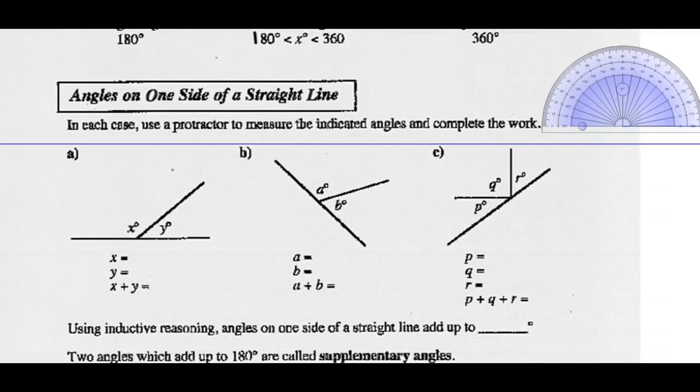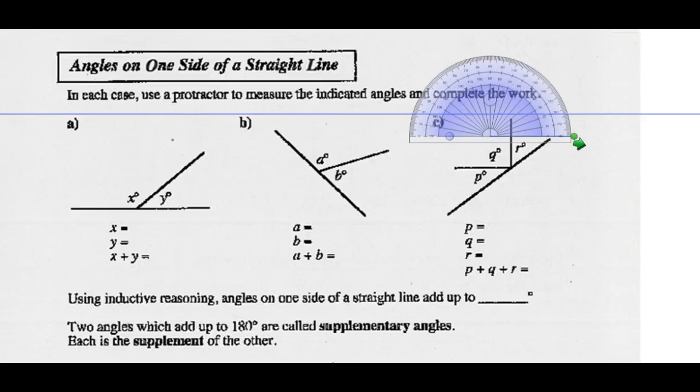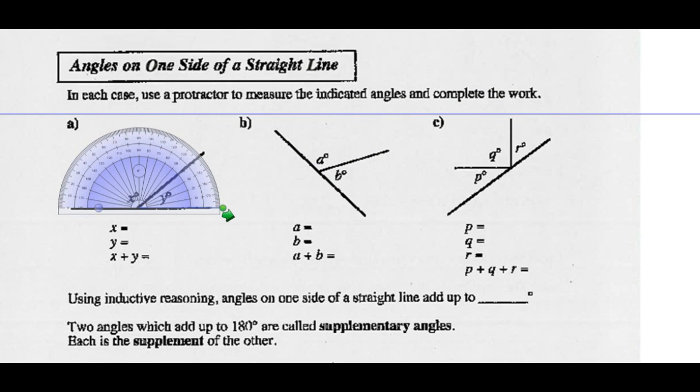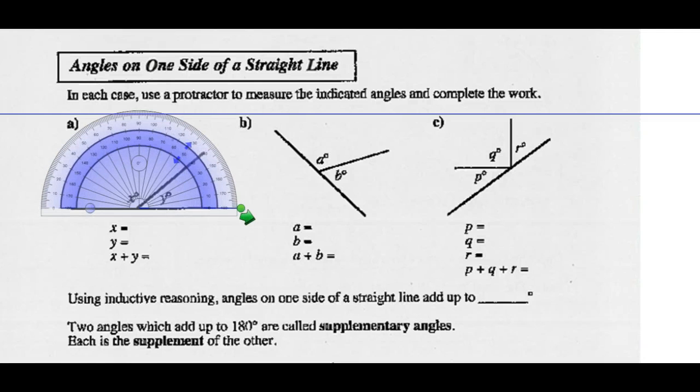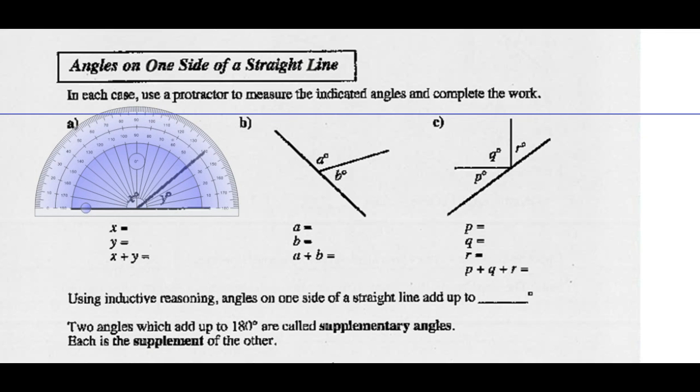Angles on one side of a straight line. In each case, use a protractor to measure the indicated angles and complete the work. So here we've got our protractor. Let's measure the indicated angles. You put that right in the middle, right on the vertex of the angle.